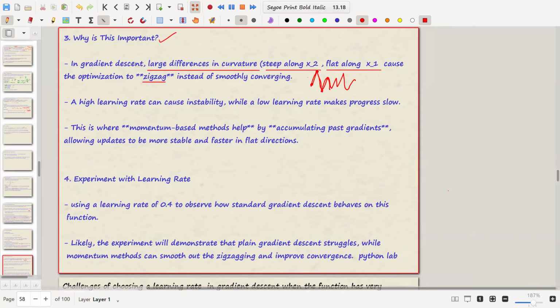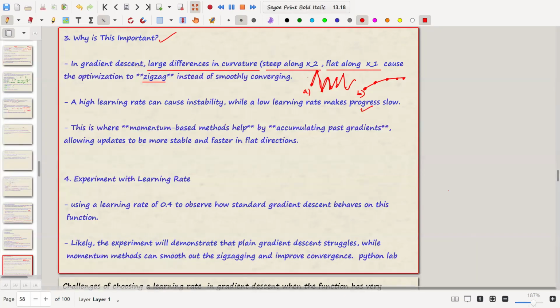You will see that in gradient descent. Instead of smoothly converging, it could have converged smoothly like this. You've seen gradient descent doing both of these, A and B. When we took a parabola, I think you have seen it was zigzagging during the optimization. It could have come smoothly to the minimum, but that did not happen. Therefore, a high learning rate can cause instability and a low learning rate can make the progress slow, which you already know.